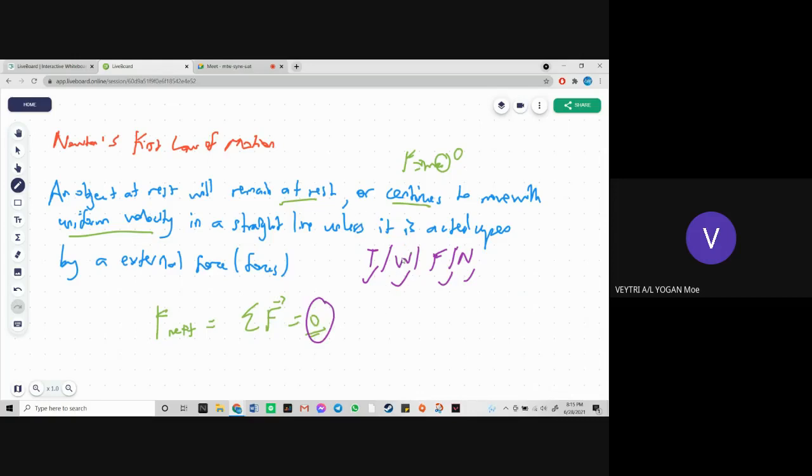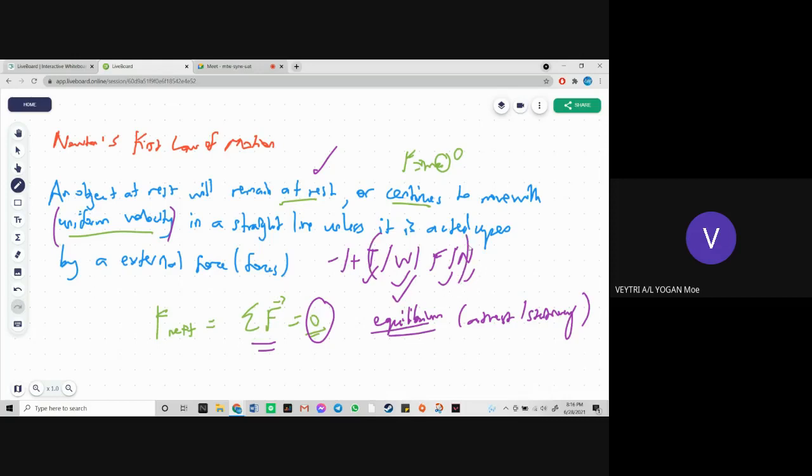Only if the question states at equilibrium, at rest or stationary. Okay, even though the thing is moving, the moment you see keywords like uniform velocity, equilibrium, at rest, remains at rest and so on, that means total of forces equals 0. And over here, don't forget the positive and negative signs because force is a vector quantity.